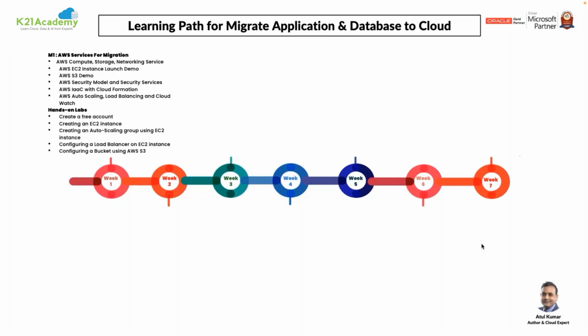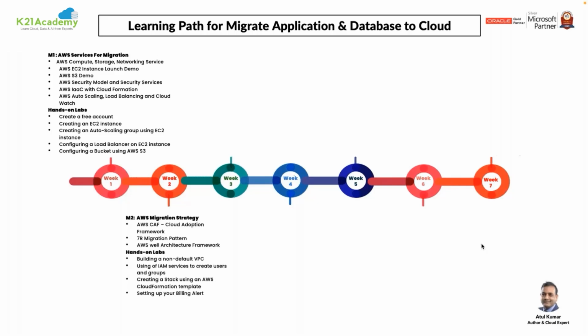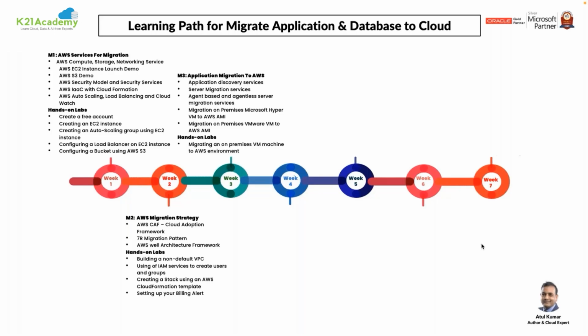In order to migrate your application, definitely you need to know the AWS services which are relevant to it, like EC2, S3, permissions, what is CloudFormation, what is auto scaling, and how do you deploy your VPC? How do you secure your VPC and the workloads that you have deployed? How do you make sure that the alerts and monitoring are in place? And once you're strong with these things, then we can get started with the migration. Because otherwise it would be like Greek and Latin. You wouldn't understand head or tail of what we're doing when we deep dive into the migrations.